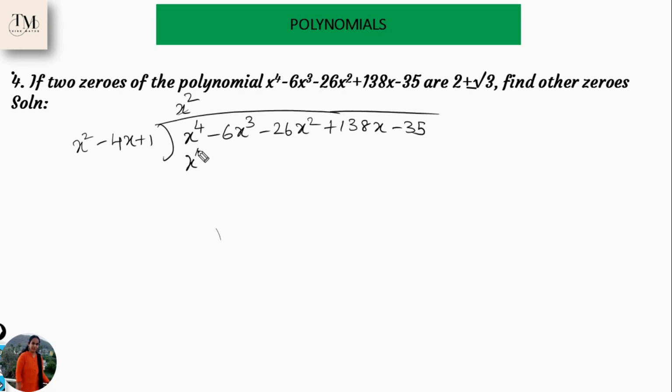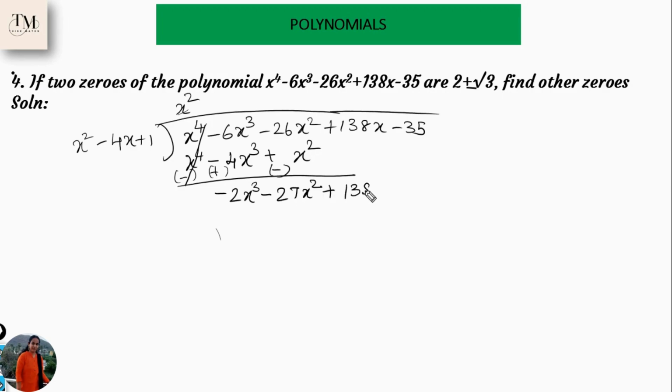So x power 4 minus 4 into x square is minus 4x cube, plus 1 into x square is plus x square. On subtracting, the signs will change. So this gets cancelled. Minus 6 plus 4 is minus 2x cube. Then minus 26 and minus x square is minus 27x square plus 138x.